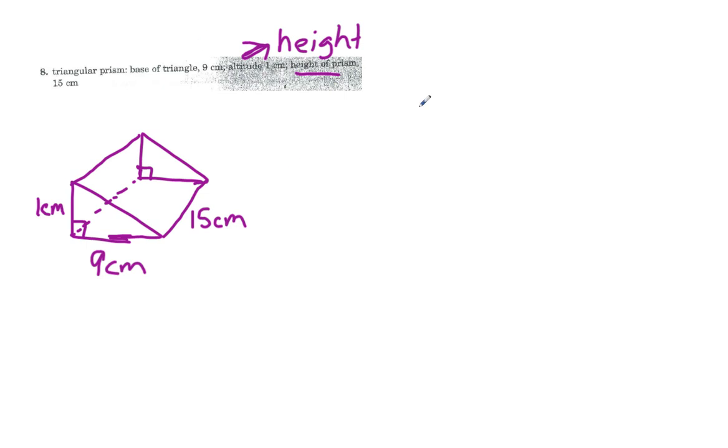So we need, I think we need volume, right? So volume is area of the base times the height. We identify our base here, which is our triangle, our perfect triangle. We look at our formula for this. Since it's a triangle, area of a triangle is 1/2 base times the height.